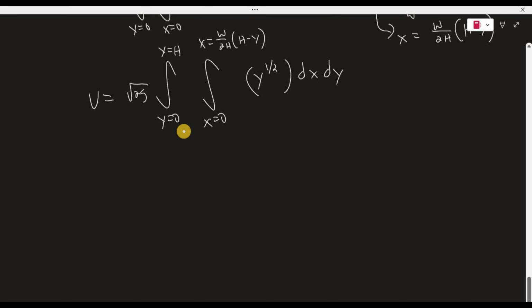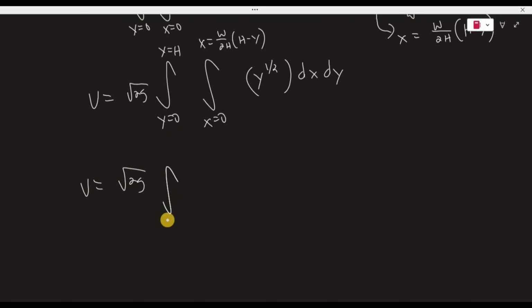Now the volume is the square root of 2g, y equals 0, y equals h.